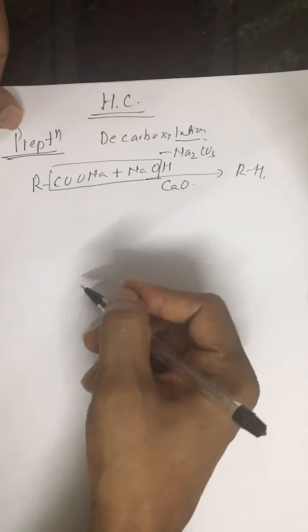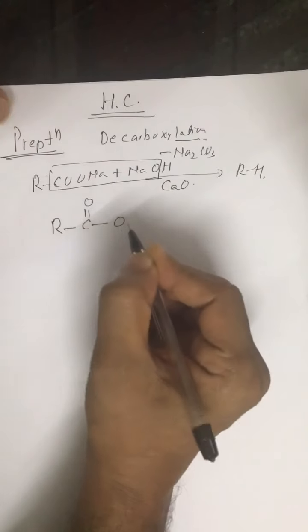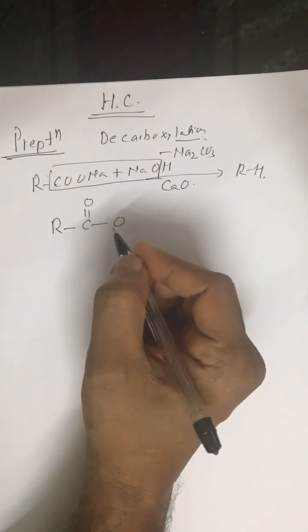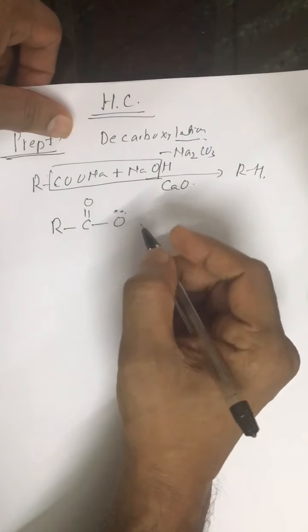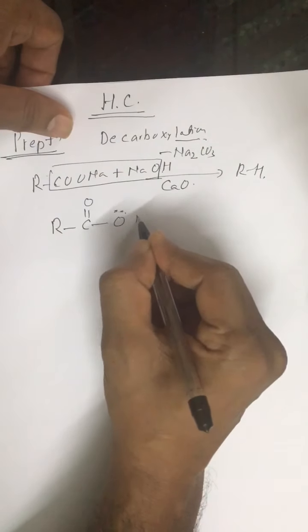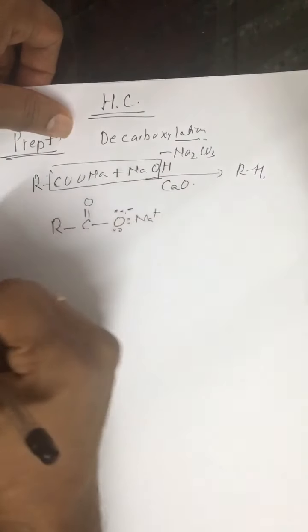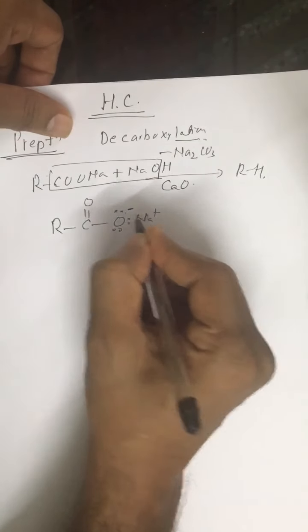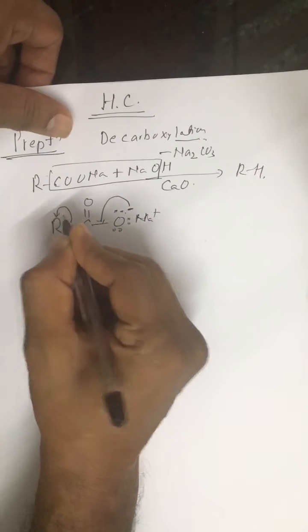So the mechanism of the reaction is as follows. Initially, we have the sodium carboxylate, this is COO negative and this is Na positive. Look at this movement and this movement.